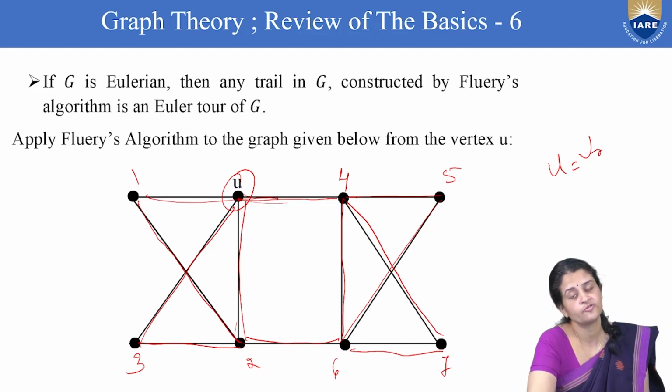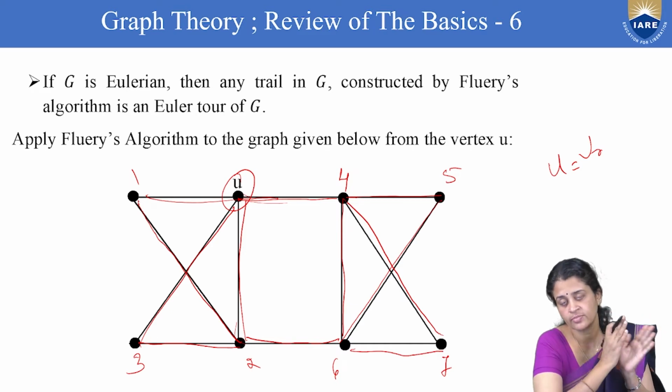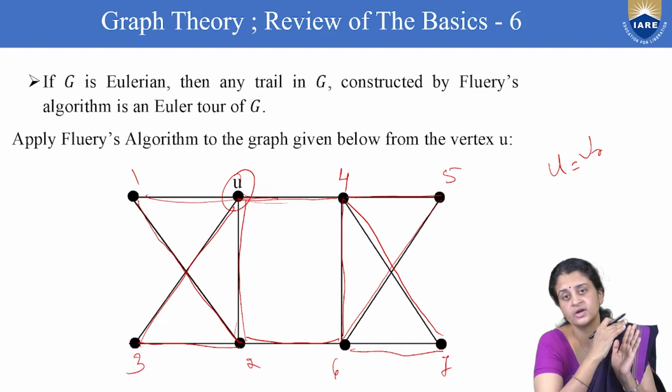This is according to Fleury's algorithm. We add each edge one by one, such that we haven't used it before. This is the condition of Fleury's algorithm in this given Eulerian graph.